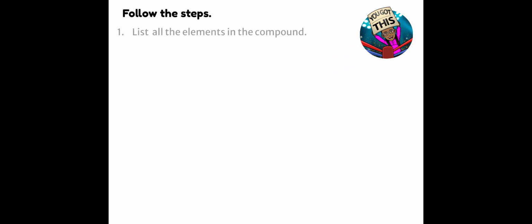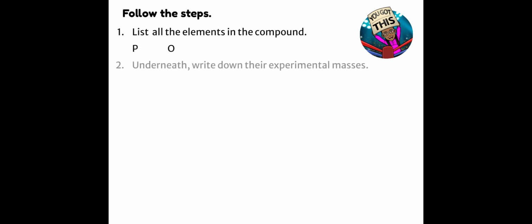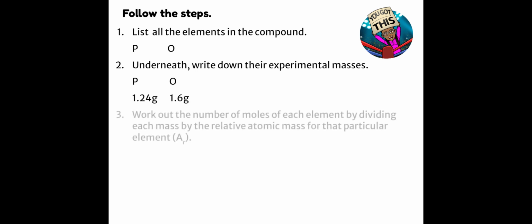List all the elements in the compound. So that's what we've got to do. We've got phosphorus and oxygen. Next, we've got to write down the experimental masses under the appropriate element. So for phosphorus, the mass from the question is 1.24 grams, and for oxygen, the mass from the question is 1.6 grams.